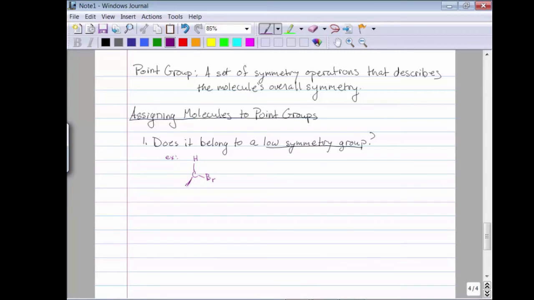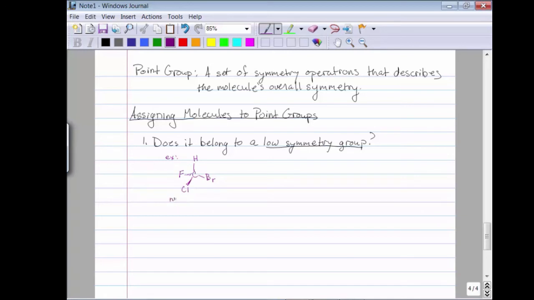You probably saw this example when you were talking about chirality in organic chemistry. So this is a tetrahedral carbon atom that has 4 different groups on it. This guy has no symmetry other than the identity. There is no reflection plane, there are no rotation axes, no inversion center.